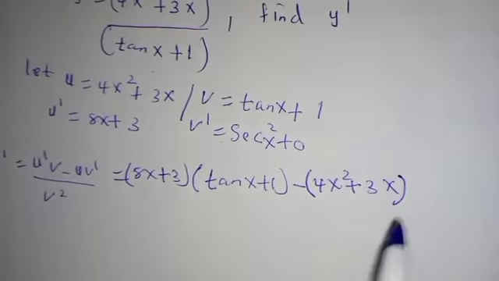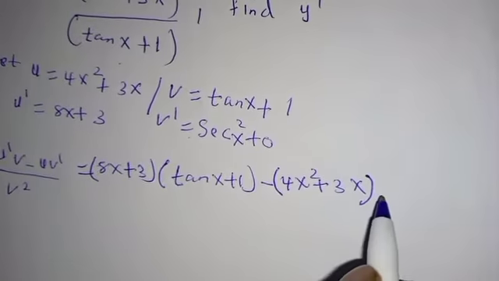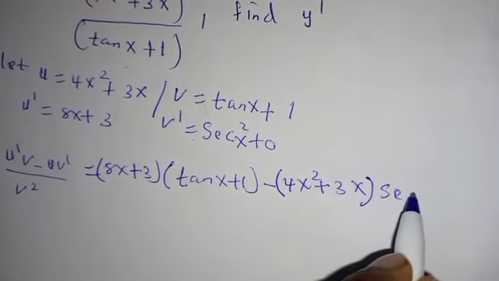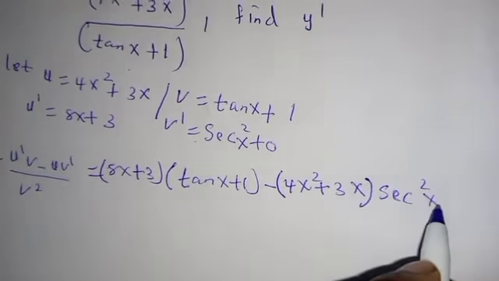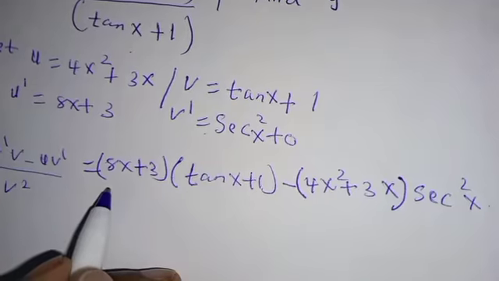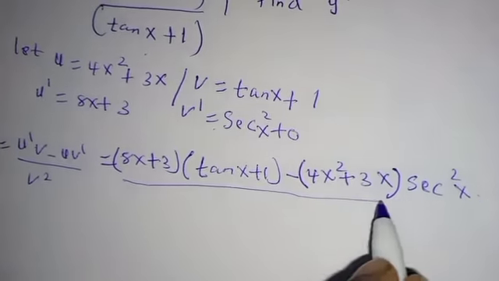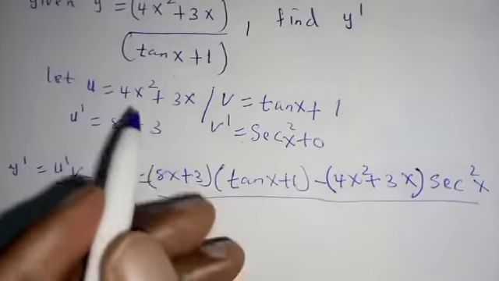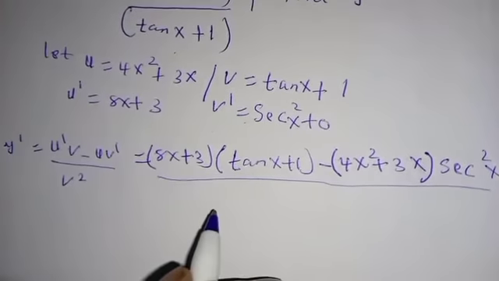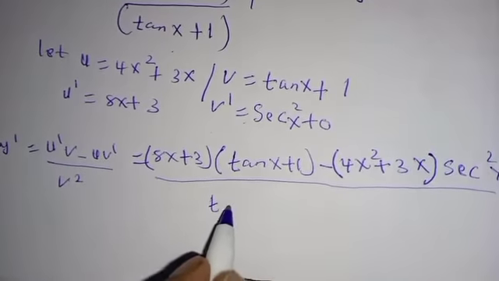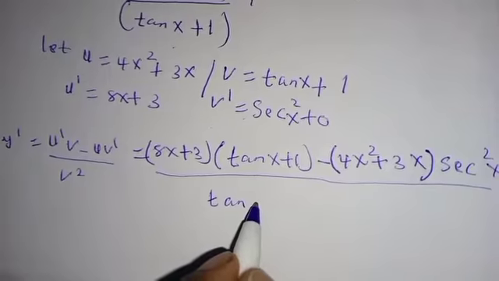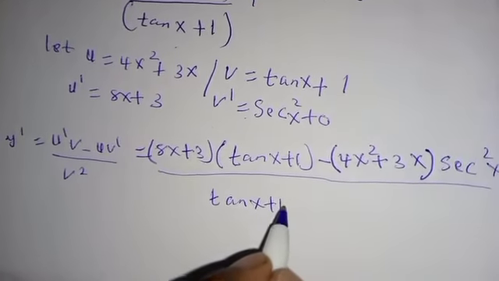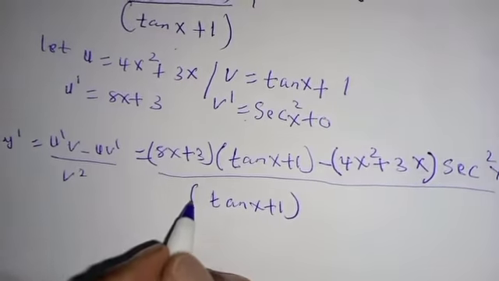Our v differentiated is sec squared x. Then we divide everything here by the denominator, which is v squared. We divide by tan of x plus 1, and we square.